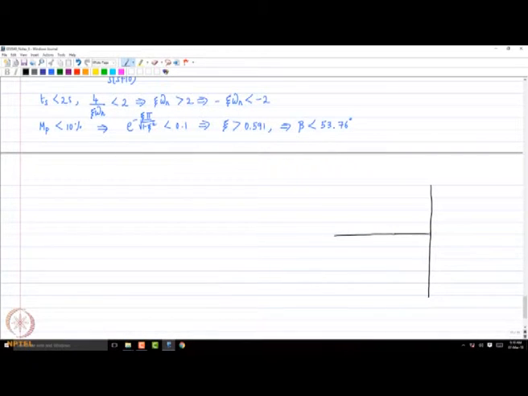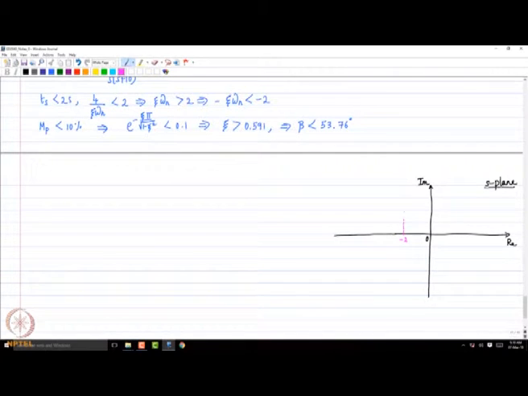So this is the real axis, this is the imaginary axis, this is the S plane, this is the origin. Now let me draw the two desired regions. So let us say this is minus 2.